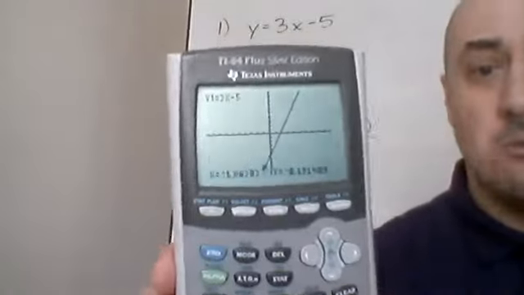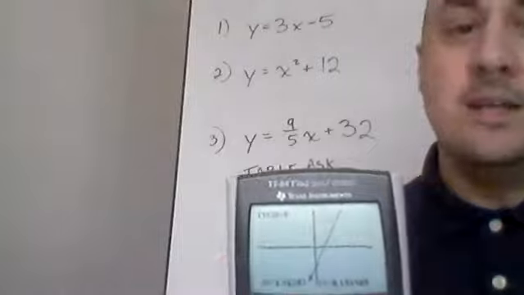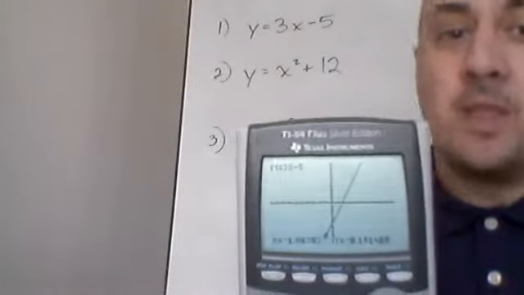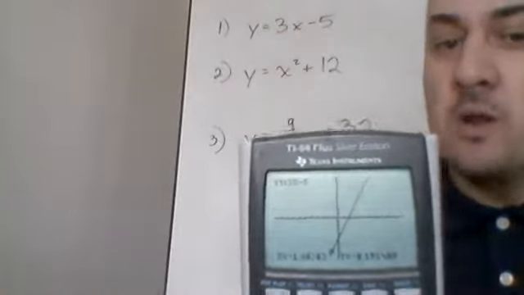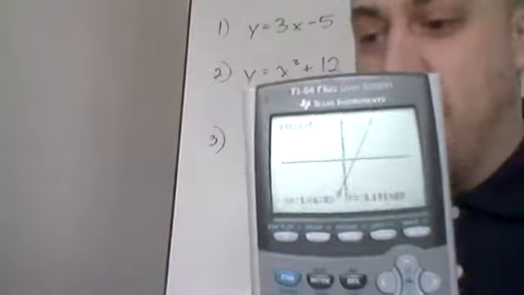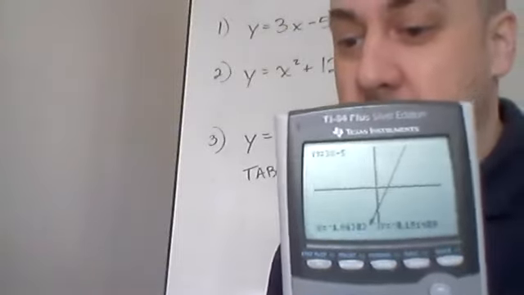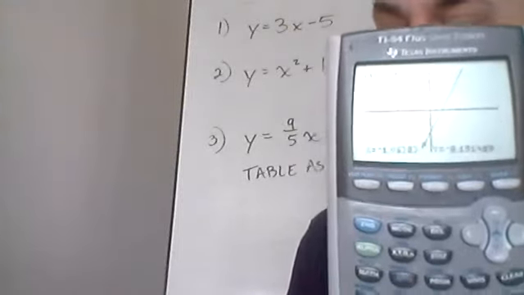Just crazy decimal numbers. It's not like it skips from x equals 0 to 1 to 2. It doesn't go in a nice pattern like that. It just moves a little bit, and you get weird decimals. But that trace button moves along your graph and gives you the x and y coordinates. So that's one of the cool things you can do with a graph on your calculator.